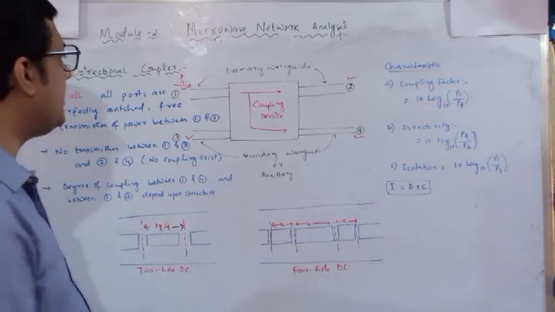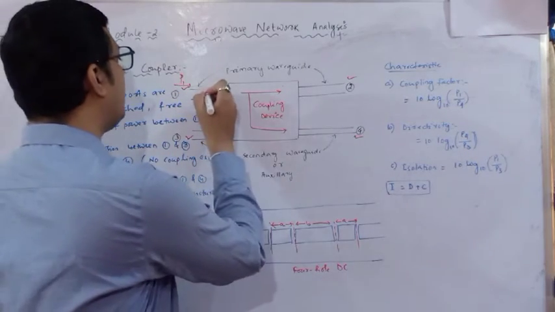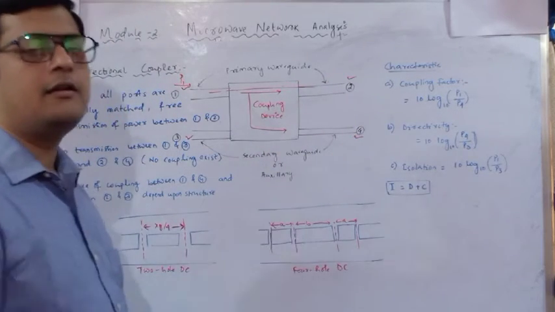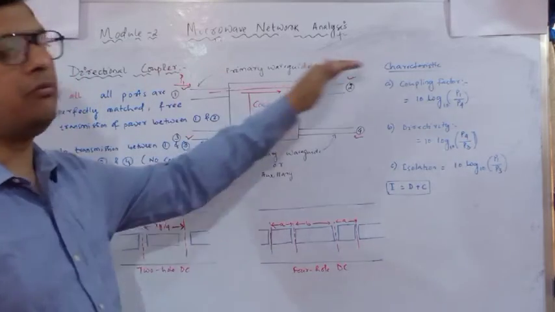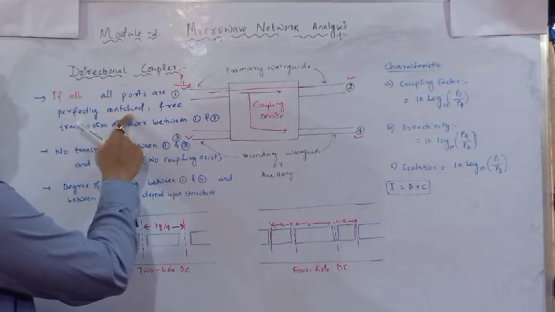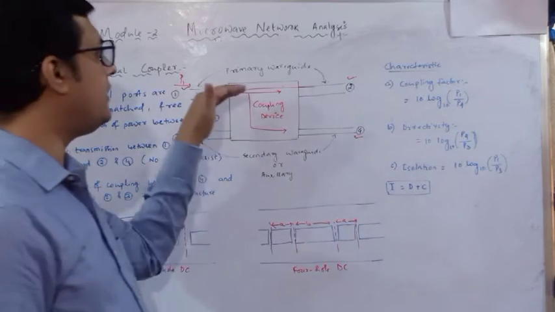If it is perfectly matched, the total power flows through the primary arm, from port 1 to port 2. So there is matched, free transmission of power between port 1 and port 2, propagating in the primary waveguide.